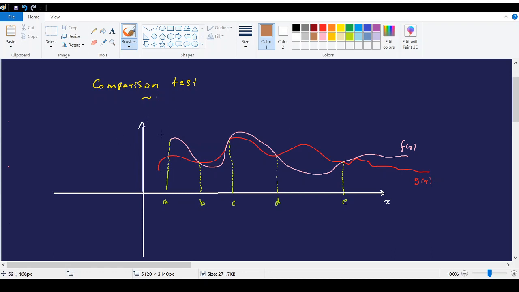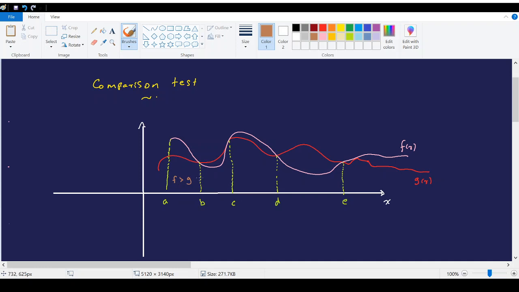Here I have drawn two graphs in the same plot. The two functions I represent as f(x) and g(x). g(x) is in red color, f(x) is in this purple-like color. Here you can see in between the region A and B, f(x) is larger than g(x).